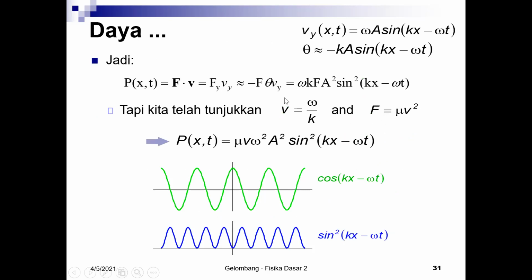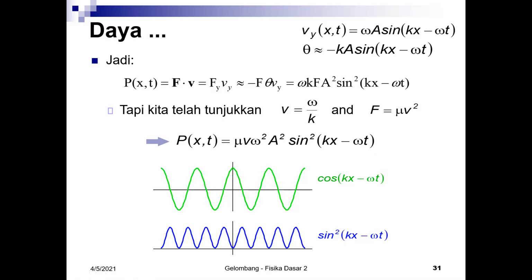The power of the waves in general depends on x and t. This power depends on x and t through sin squared of kx minus omega t. Because of the square, everything is positive, so this is a definite positive function.